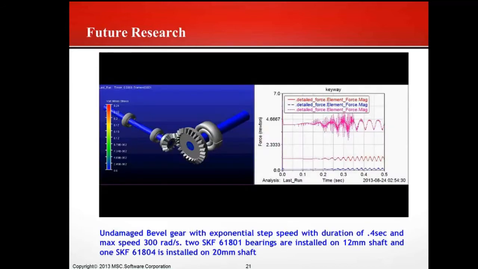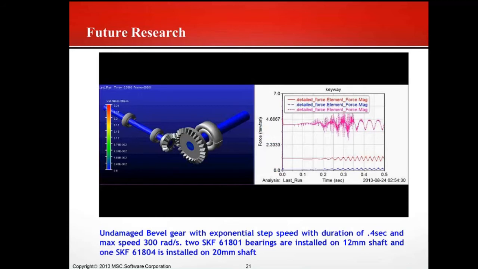And here I want to show you the simulation results for the bevel gear, because this is something one of my graduate students did. We have the test rig, and we compared our results with our experimental results. That one is good, so we published one paper in the Adams conference. If you have an interest, you can look at that. The only thing we changed is to use View Flex.